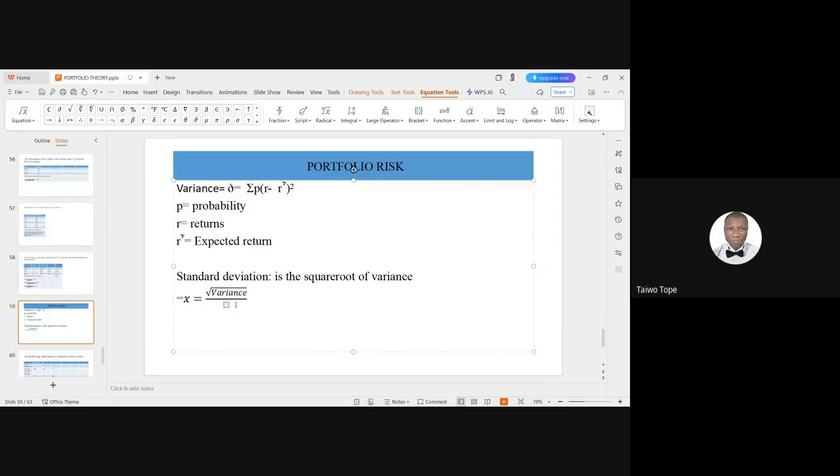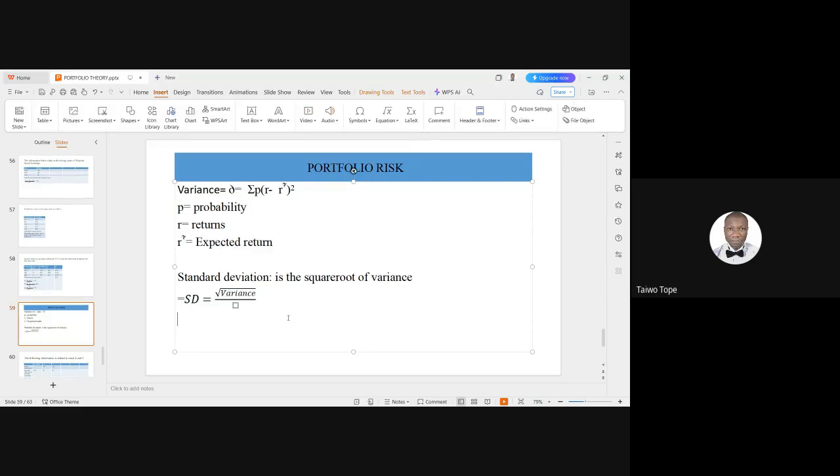So the square root of variance is standard deviation. Or you can say this value here, into the square root, will give you your standard deviation.